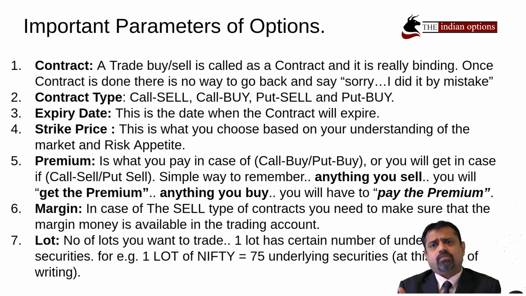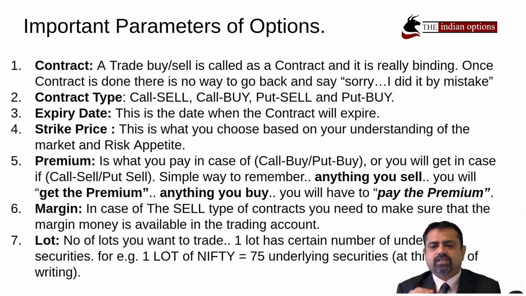If you are doing call buy or put buy, you are going to pay the premium. So premium is the token. I have explained in my real life videos what that token is. If you don't know what I'm talking about right now, go back to my videos. I have explained what premium is and things like that.